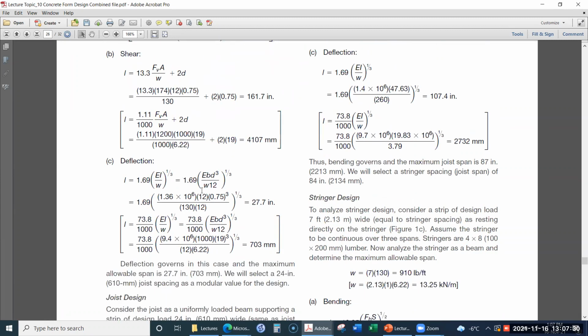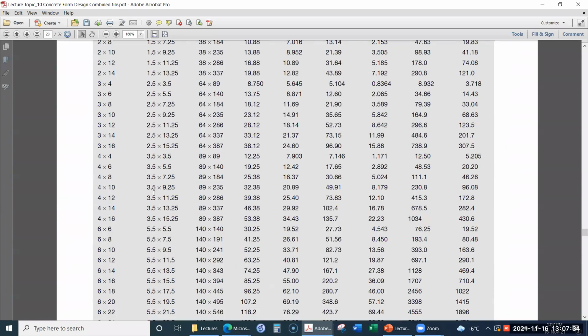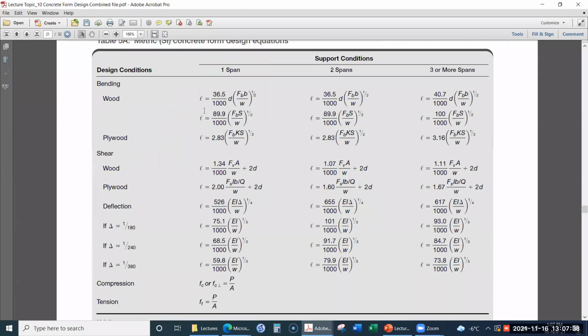So the first equation in table 5a is for the sheathing. The second equation is for the beams or the joists or the stringers. So we will use this equation, 100 over 1000 FBS over W.